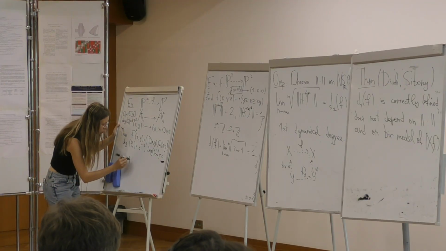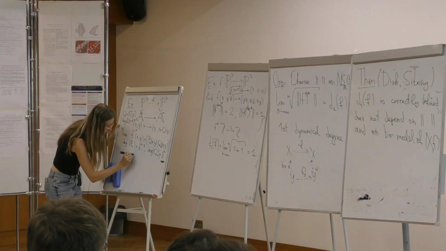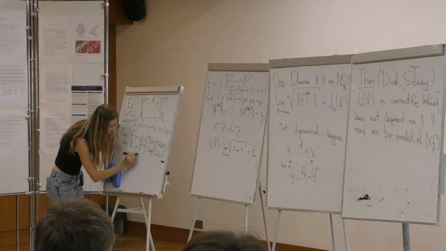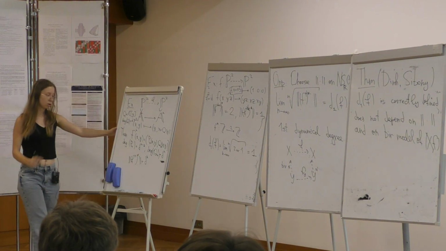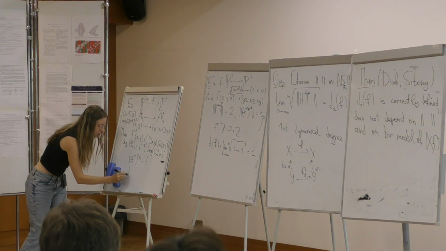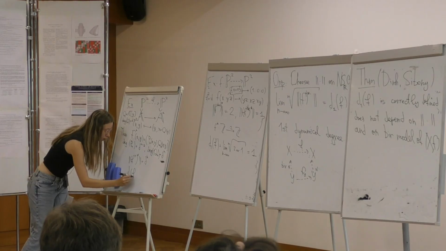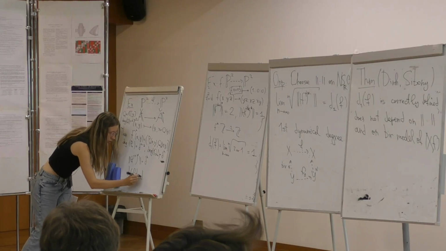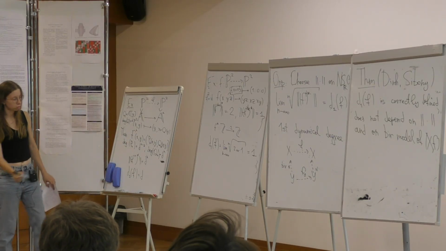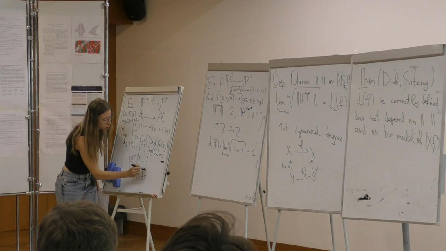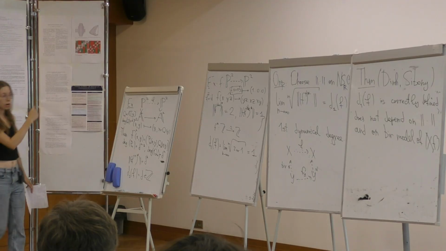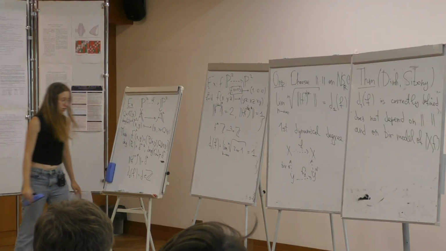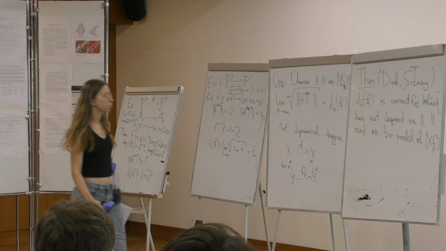So the norm of f^n pullback equals d to the power n, and d1 of f equals d. It is an integer. So we have an example where the dynamical degree is not equal to 1.